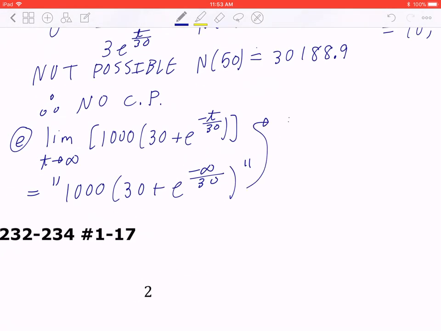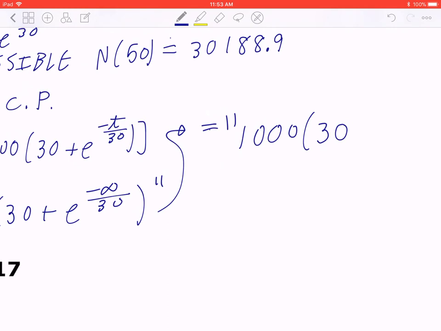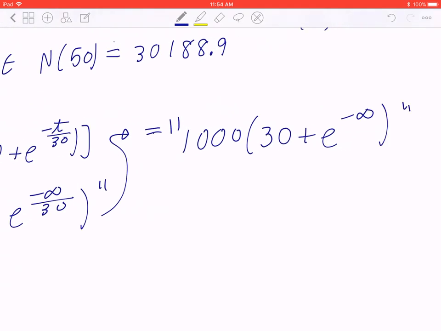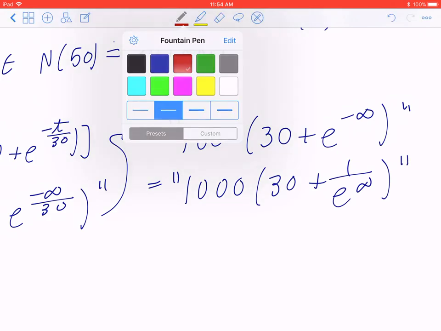So this equals, again, the 1000 remains unchanged. If you think about e to the power of negative infinity over 30, this will give you still negative infinity. And if you keep going, this equals 1000 times 30 plus 1 over e to the power of infinity. I hope you get the idea here.